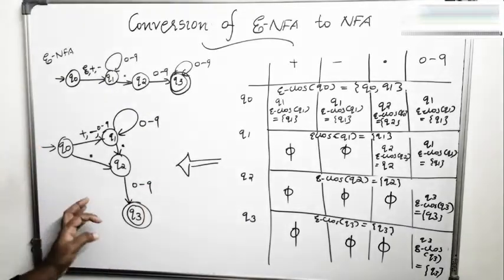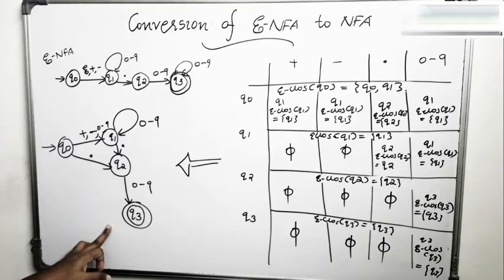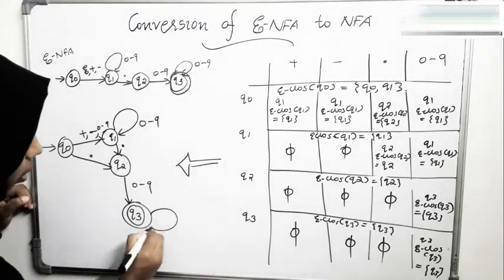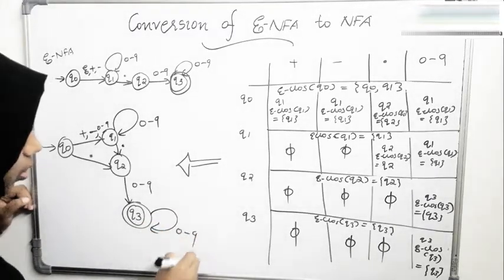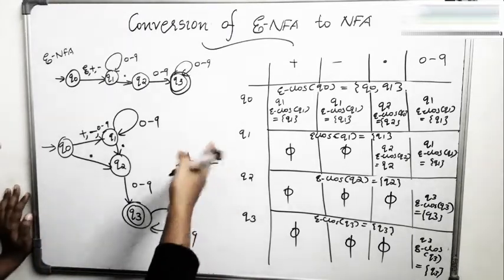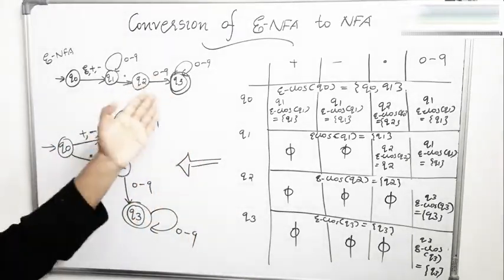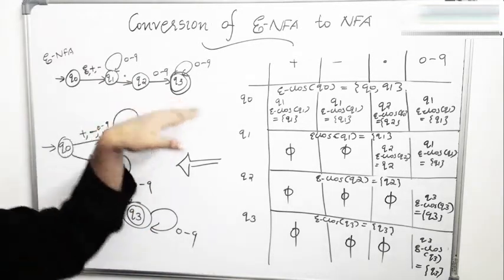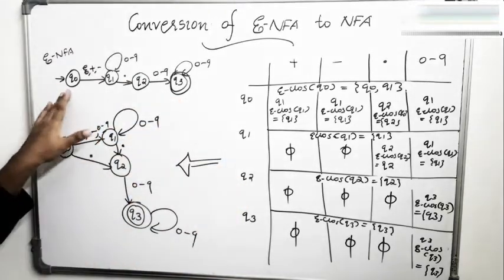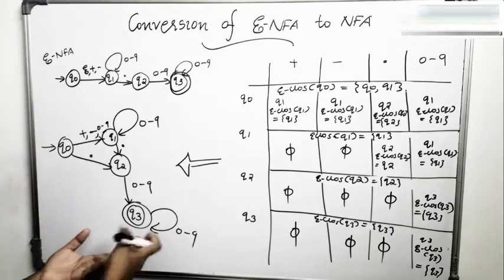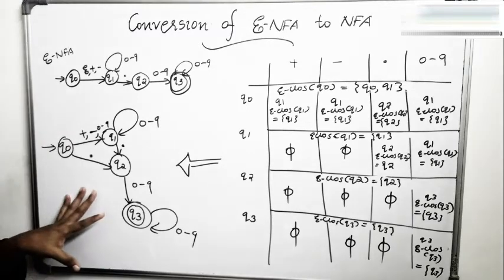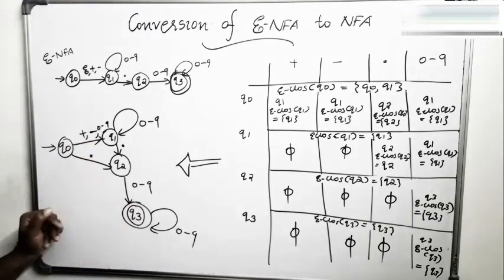Now from Q3 on plus you're not going anywhere, on minus you're not going anywhere, on dot you're not going anywhere, and on 0 to 9 you are staying at Q3 itself. And the final state of epsilon NFA will be the final state of NFA, and the initial state of epsilon NFA will be the initial state of NFA. That's it. So this is the equivalent NFA without any epsilon transitions.